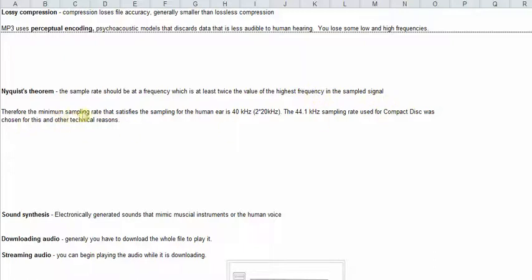Therefore, the minimum sampling rate that satisfies the sampling for a human ear is 40 kilohertz, 2 times 20 kilohertz. 20 kilohertz is our range of hearing, so if we multiply that by 2, we get 40 kilohertz. The 44.1 kilohertz sampling rate is used for compact discs, and it was chosen for this reason and other technical reasons. So the human ear is 20 kilohertz; we sample at twice that, and we get 40 kilohertz, or roundabout that, 44 kilohertz here.